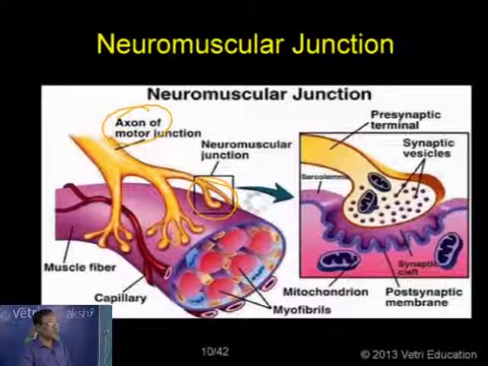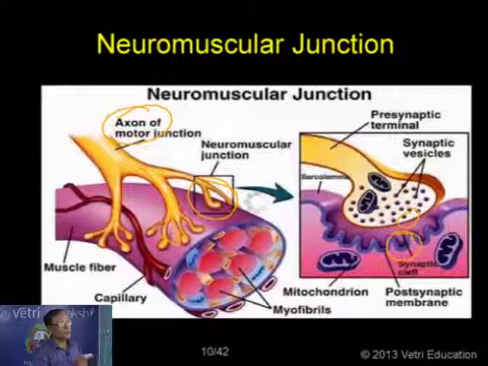Here also a synapse is formed, but we are not using the word synapse, because that is the one formed between the presynaptic membrane and the postsynaptic membrane. The postsynaptic membrane here is nothing but the membrane of the muscle.